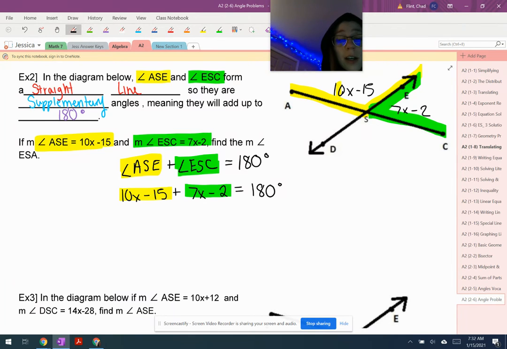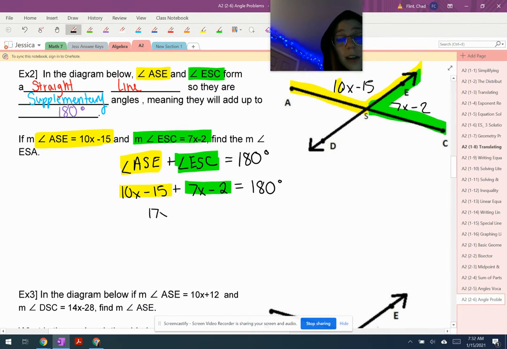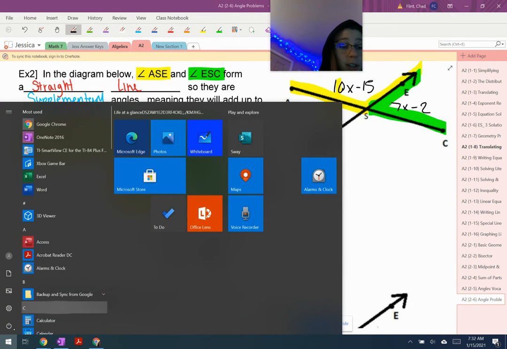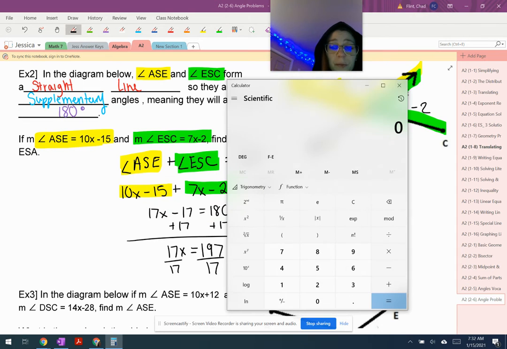All right, solving. 10x plus 7x is 17x, and negative 15 minus 2 is negative 17, so add 17 to both sides. So 197 divided by 17. I'll get a calculator for this, really. Just putting in 197 divided by 17.